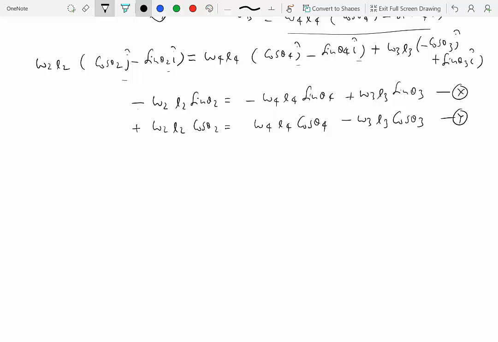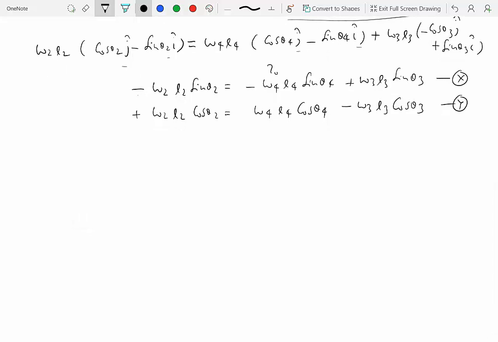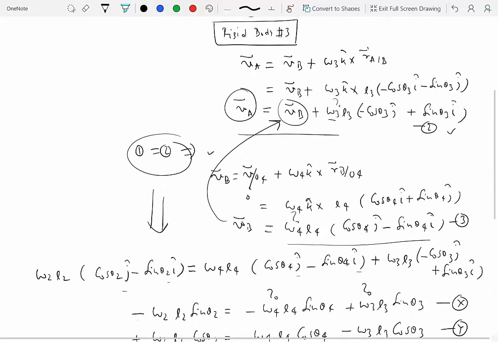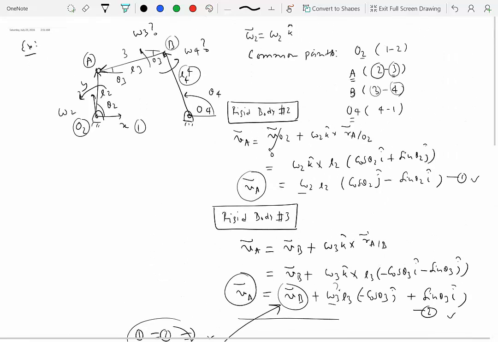Now we have two equations and we have two unknowns. We have omega 4 as an unknown, omega 3 as an unknown. We can solve for both of them, right? So what this is telling you is that if you have a problem like this and you have, let's say, one of the inputs given to you and the question is asking for two outputs, which in this case are the angular velocities of 3 and 4, then you will need to generate at least one vector equation.